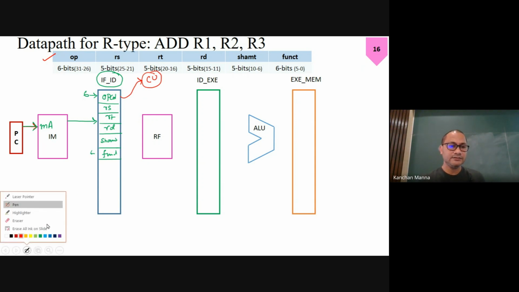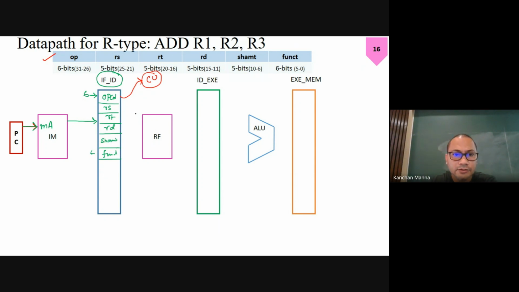It is an add instruction. What do we have to do? We have to read two values. So let's say this is our read address A, read address B port. Got it, right? And the values would be available here.